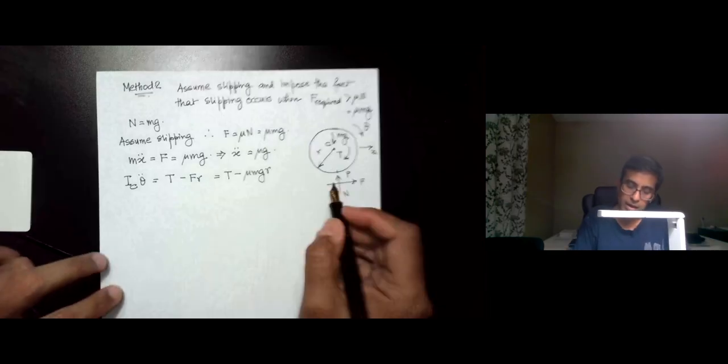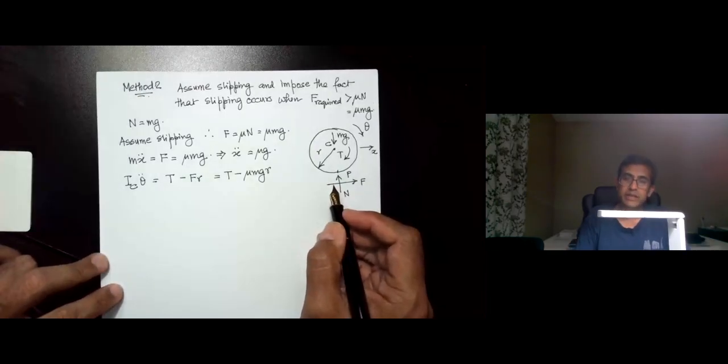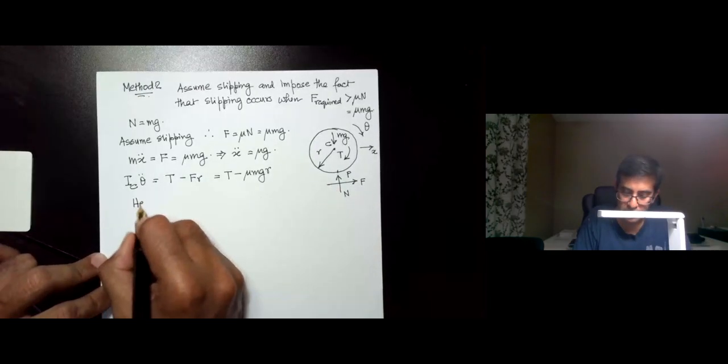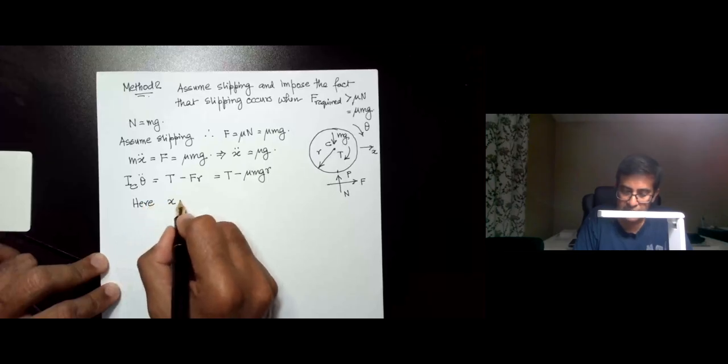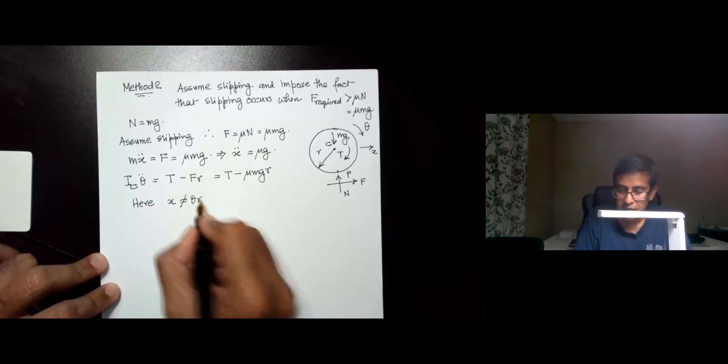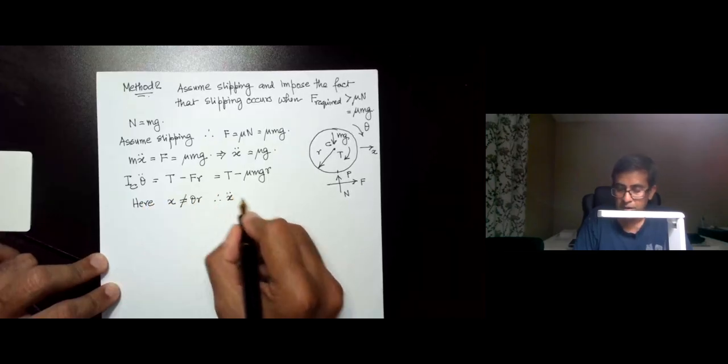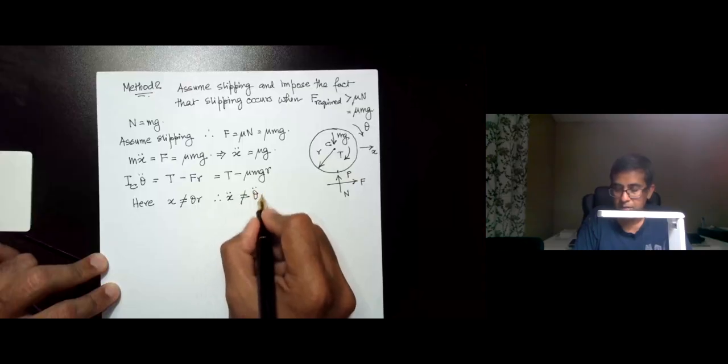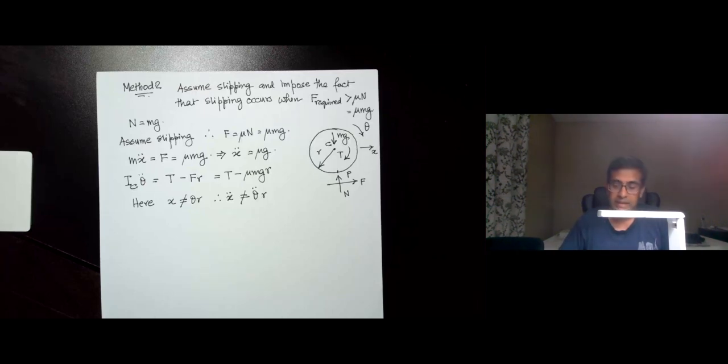Now, because we are assuming slipping, x is not equal to theta r, therefore x double dot is not equal to theta double dot r. So we cannot use this relation between x and theta, or x dot and theta dot, or x double dot and theta double dot.